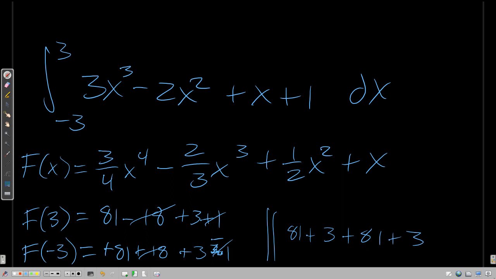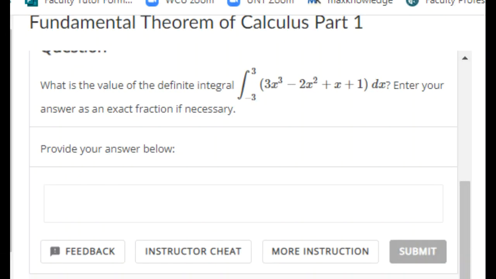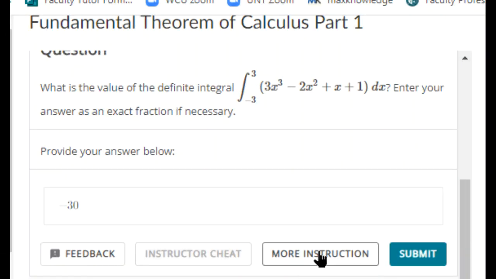So that's 2 times 84. It's 168. Oh no. They're saying minus 30.